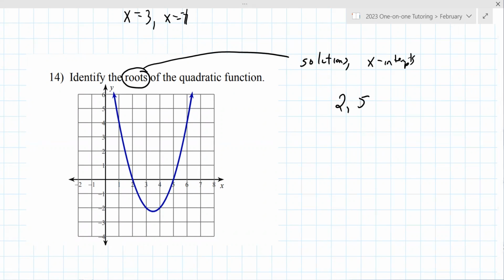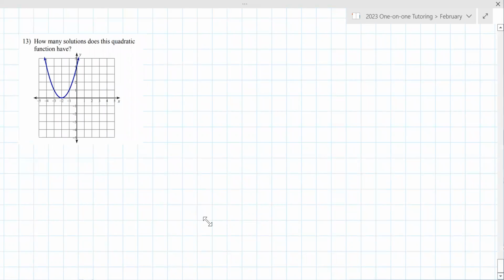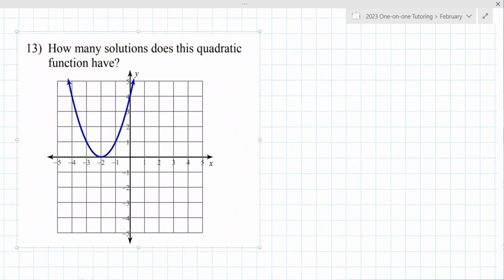All right. Now let's look at the next one here. And give me some feedback on this. This one has 1 root or 1 solution, I think. So the interesting thing is there's a couple ways to say it that's correct.